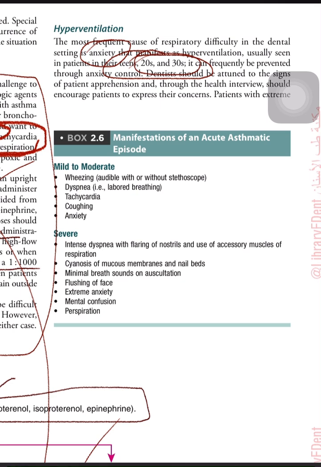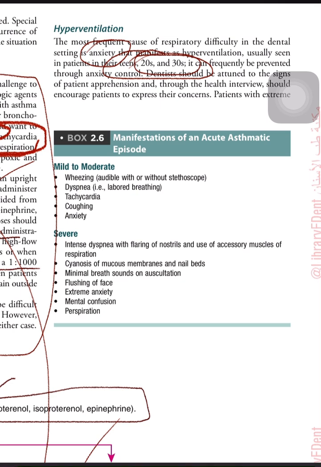So what is the key difference between asthma and hyperventilation? It is basically over breathing, not under breathing. So you will notice rapid shallow breathing, lightheadedness of the patient, tingling in fingers, chest tightness, and a sense of panic.